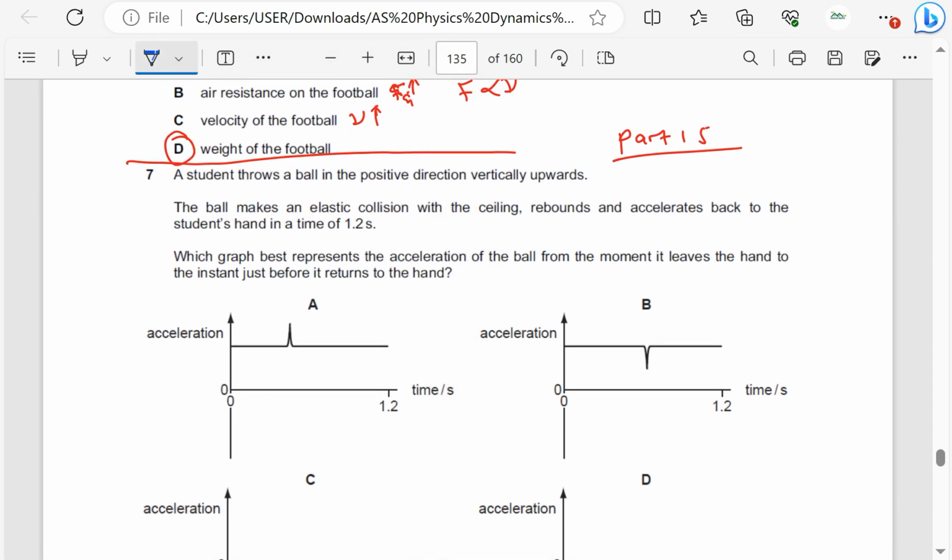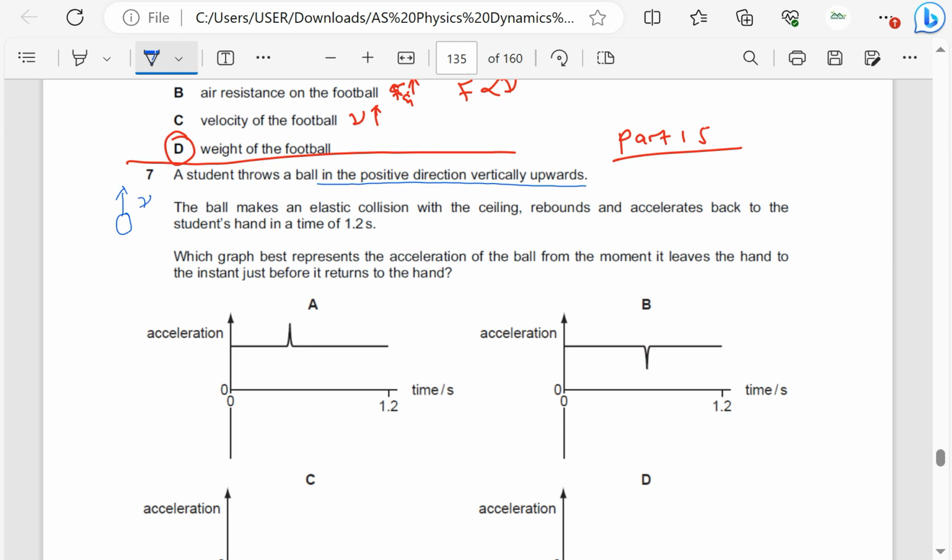Okay, so a student throws a ball in the positive direction vertically upwards. So the initial direction of motion is vertically upwards, that is against gravity. So the positive direction is the direction where it is moving vertically upwards. So the velocity is positive if it is moving vertically upwards, but remember the velocity decreases.